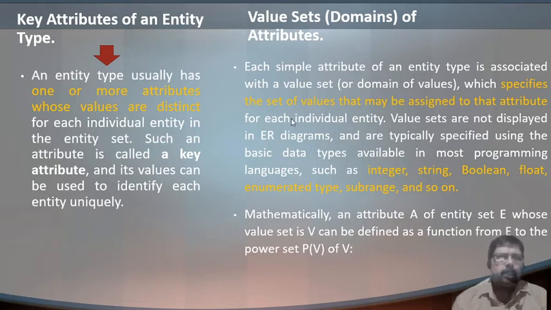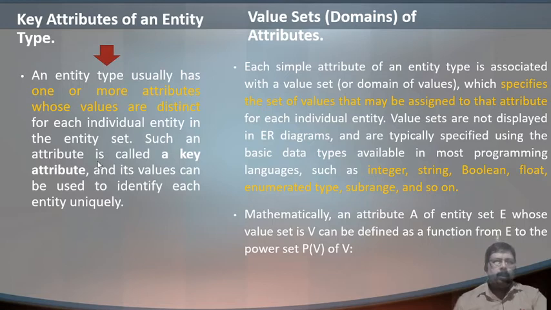Now let us discuss the key attributes of an entity type. Every entity has some key field or attribute. If you take an employee, the key field is the social security number, SSN. If you take a department table, it is the department number, even the name. Practically, the fields or attributes specified as the primary key or unique key can be considered key attributes.